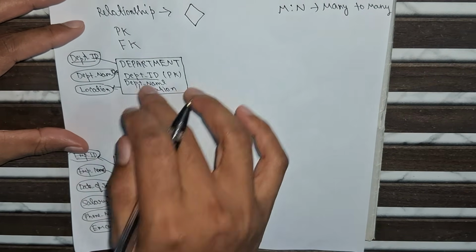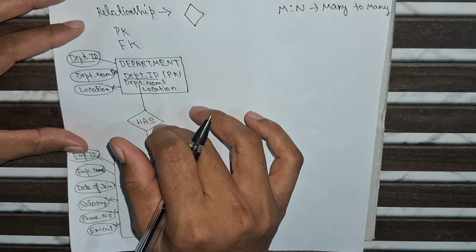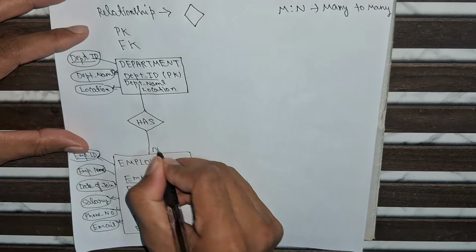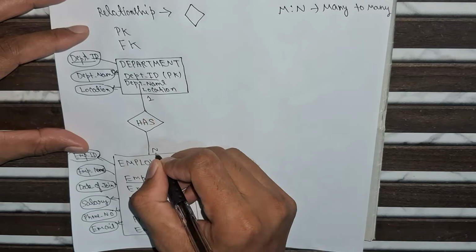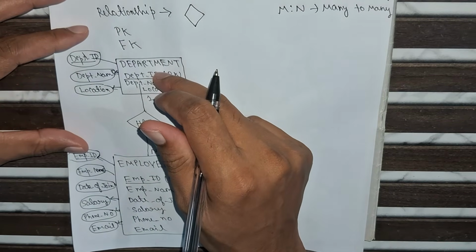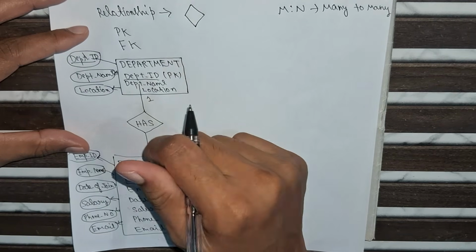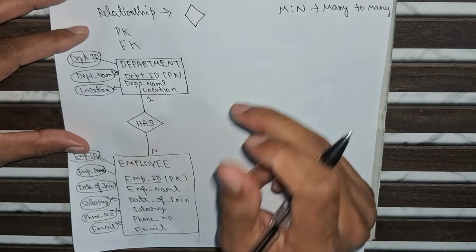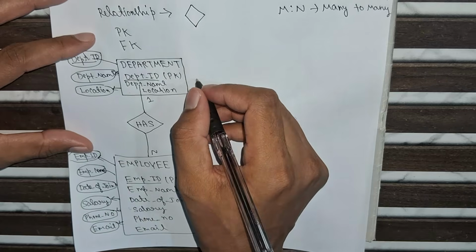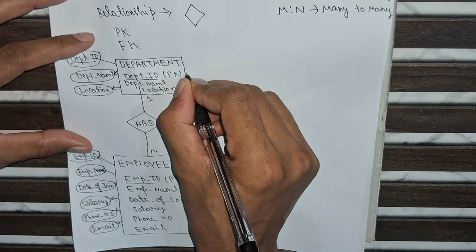And what's the relationship, meaning cardinality ratios, between these two entities? These are from n to 1 or 1 to n. Any employee can be of any one department, and in one department there can be many employees. So 1 to n.